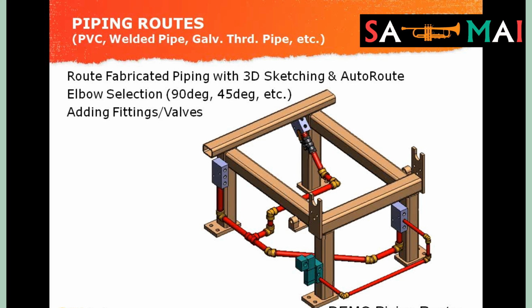Where the pipe engages into the elbows or whether it just butts right up against them, the flanges and so on. So we're going to look at doing piping with 3D sketching and with auto route. Auto route is available in there too. We'll look at the elbow selection tool, and we'll look at adding our own fittings and valves and so on, a T or a valve, or when we need to branch off and go a different way.